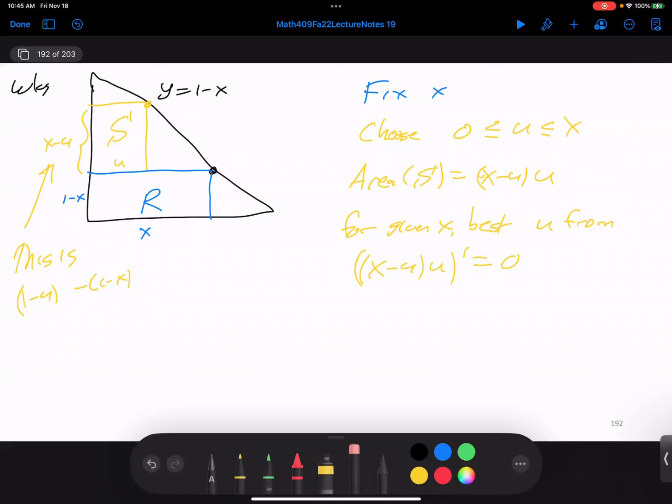So that's xu minus u squared, prime, equals 0. We're taking the derivative with respect to u. So the derivative would be x minus 2u equals 0. Therefore, u is equal to x halves.